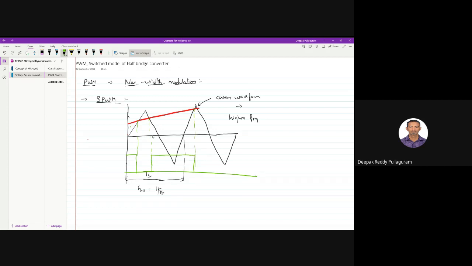So this is how you generate your pulses in a sine PWM, by comparing your modulating signal with the carrier wave. Now how will we use it in real time? Let's take a half bridge converter. Let me take the picture.